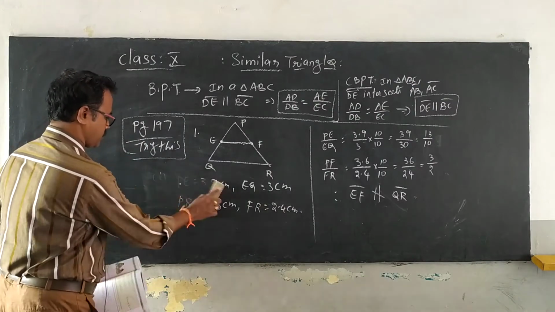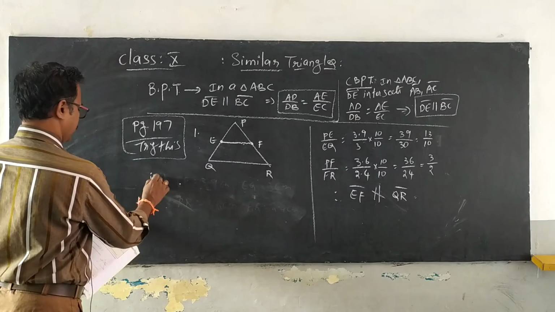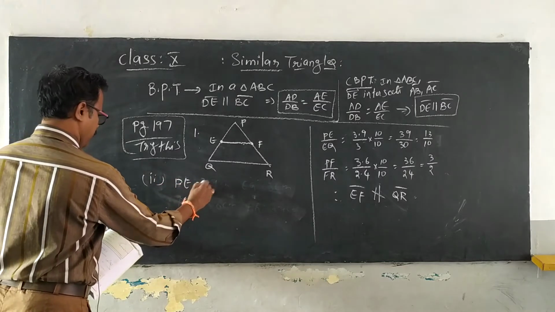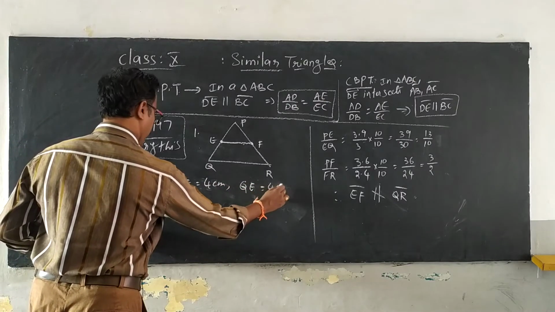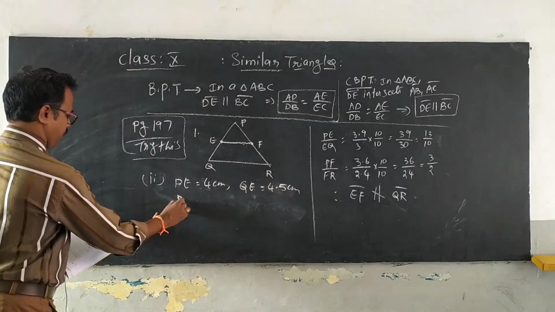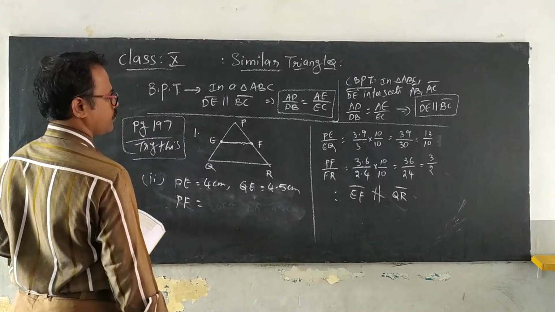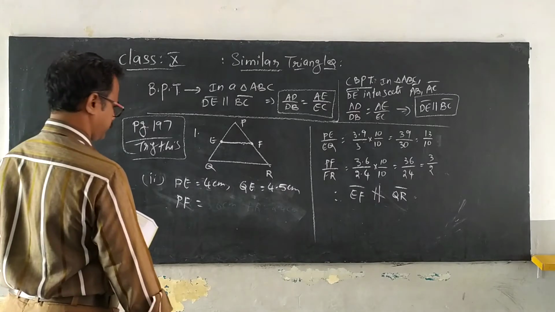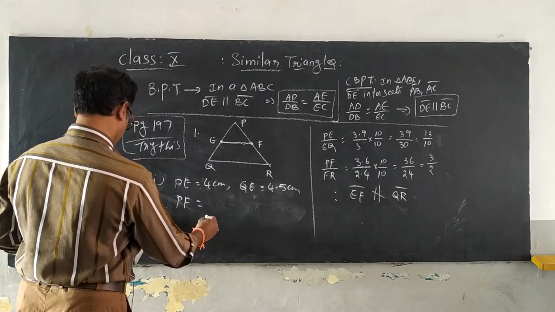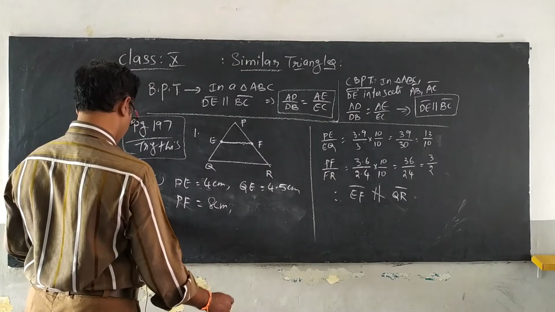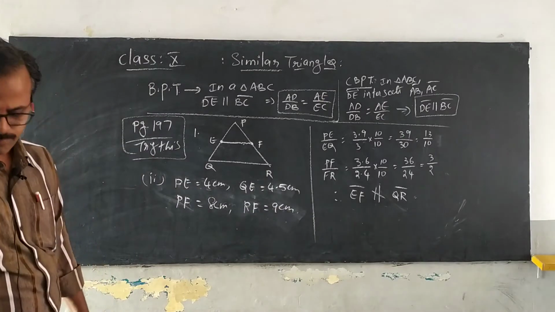Now we go to the second question. PE is equal to 4 centimeters, QE is equal to 4.5 centimeters, PF is equal to 8 centimeters, and RF is equal to 9 centimeters. We follow the same procedure.